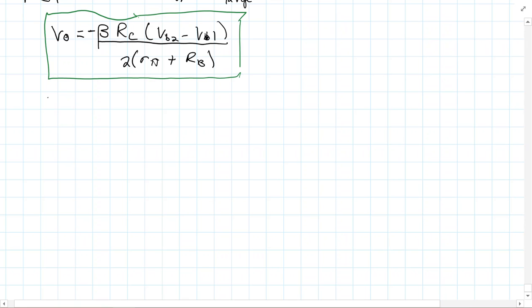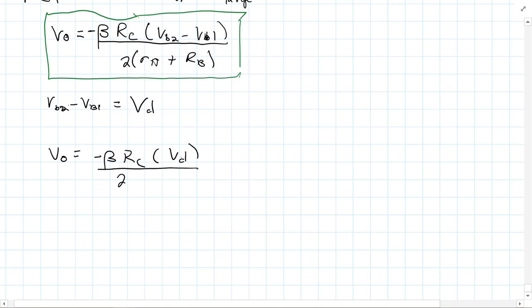Notice here, VB2 minus VB1, by definition, is my differential voltage. So V out is then equal to minus beta RC VD over 2 times R pi plus RB.